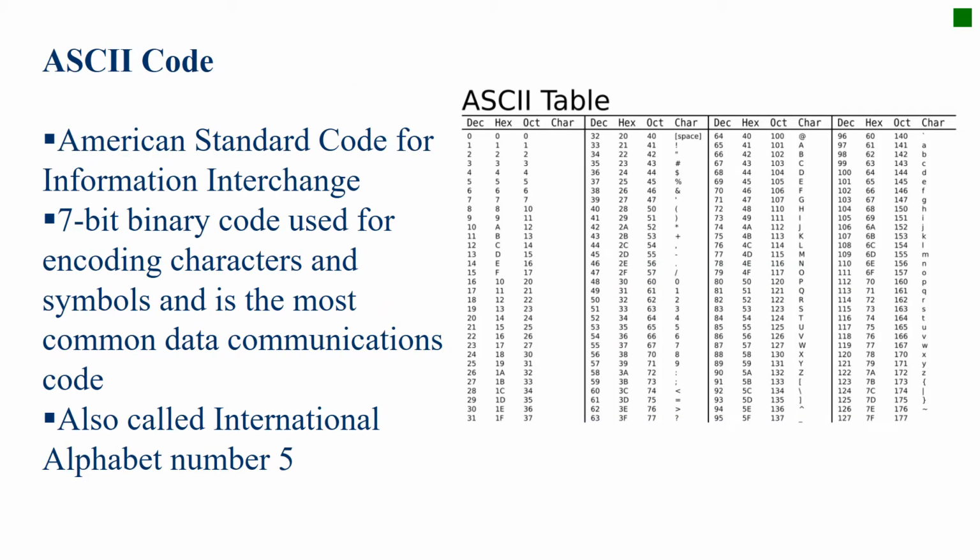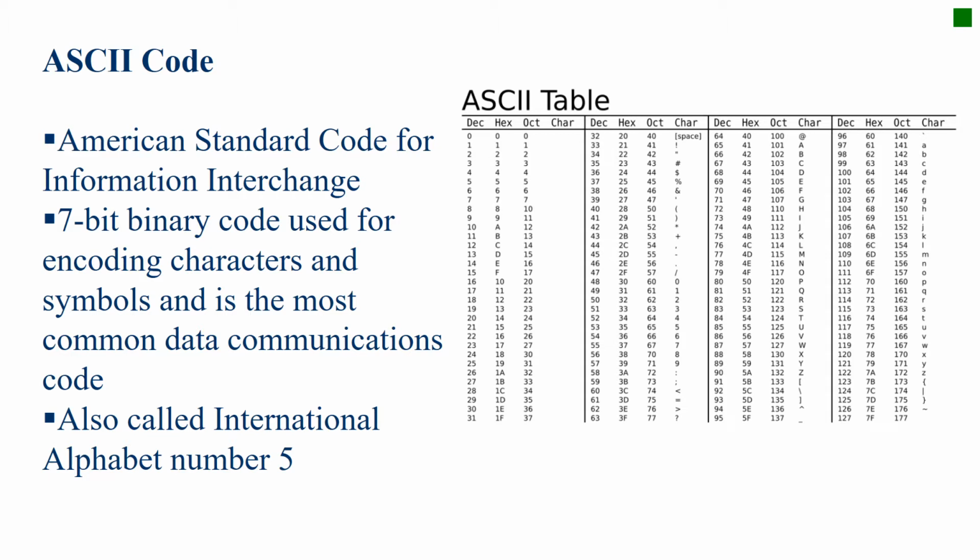The next common data communication code is the ASCII code. Actually, ASCII code is the most common data communication code. It stands for American Standard Code for Information Interchange. So ASCII, American Standard Code for Information Interchange.